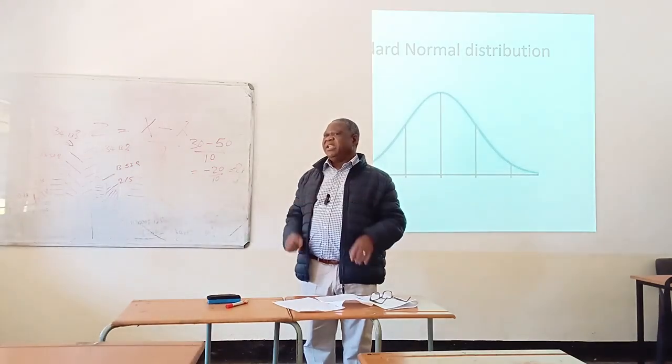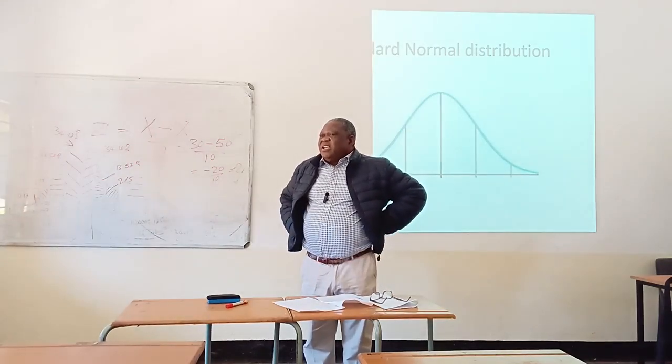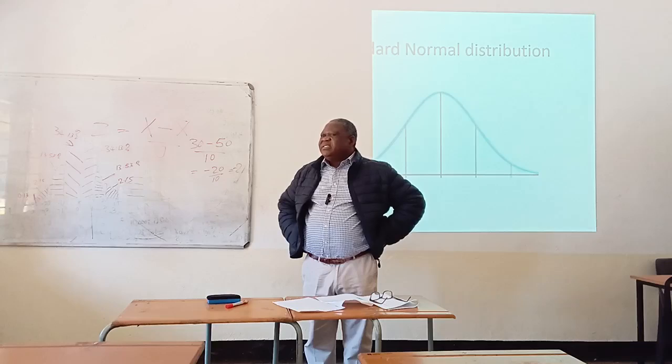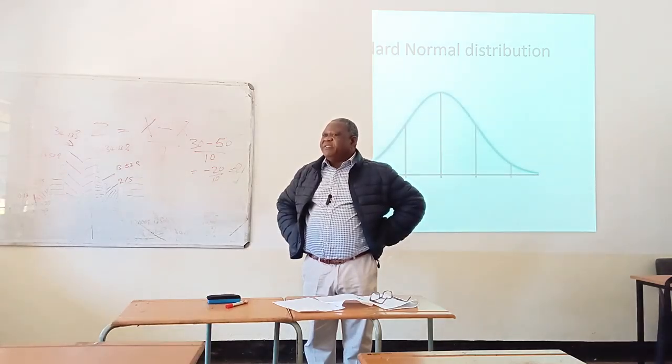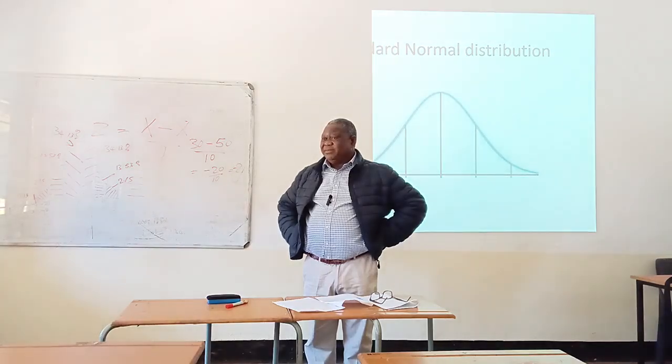If somebody has obtained a mark of, let's start with a mark of 80%. How many students has he beaten in this class? How many students have scored below him in this class?